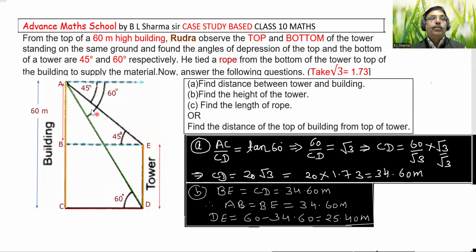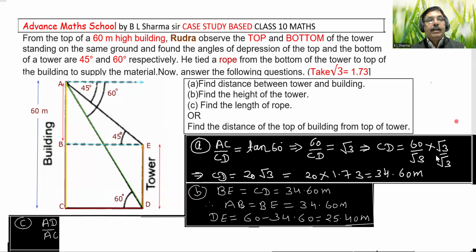Now find the length of the rope, this. For the right triangle ACD, with acute angle 60 degrees and one side AC given, we can write AD upon AC is equal to cosec 60. You can find one side this way.